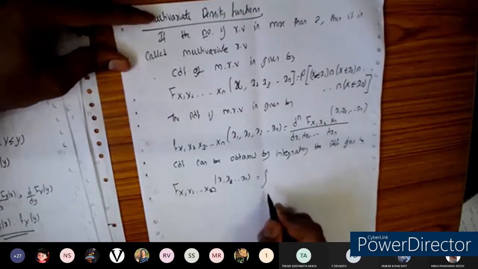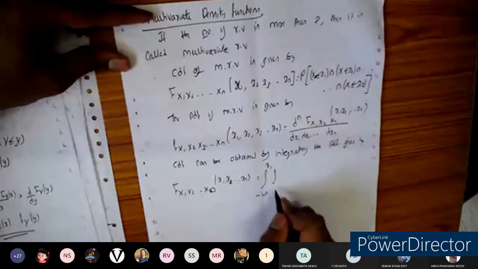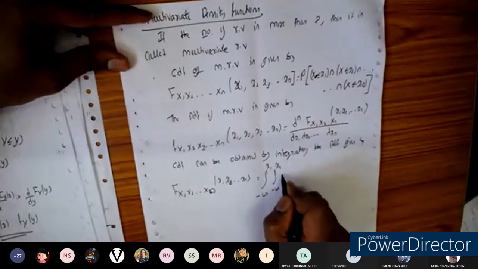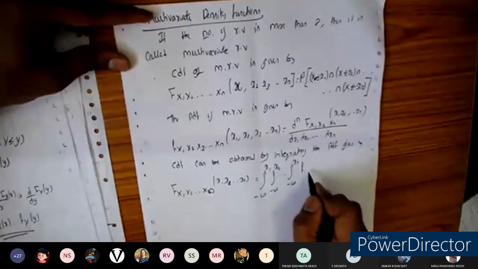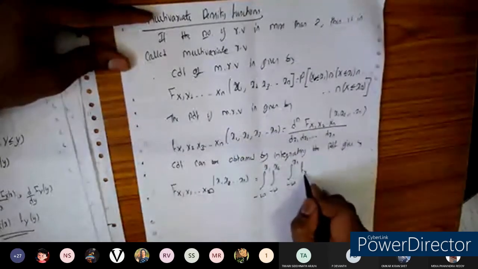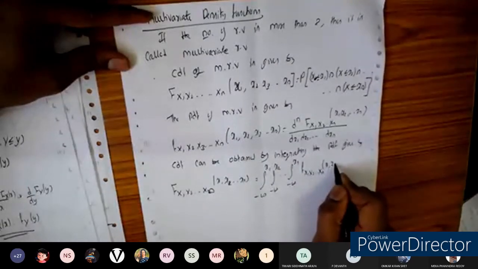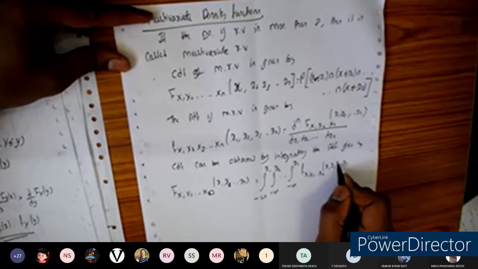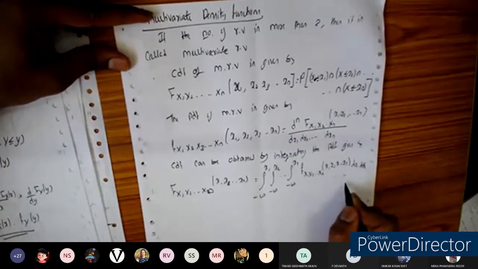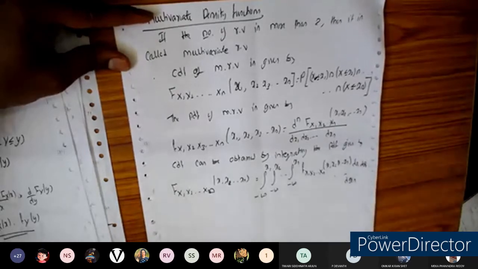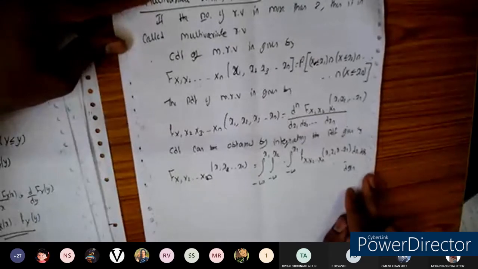So from where to where do we integrate? The integral is from minus infinity to x1, from minus infinity to x2, and like that up to the integral from minus infinity to xn. What we integrate is the PDF, f of X1, X2 up to Xn of x1, x2 and so on up to xn, with respect to dx1, dx2 and so on up to dxn.